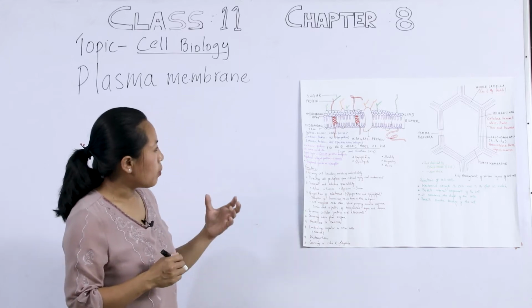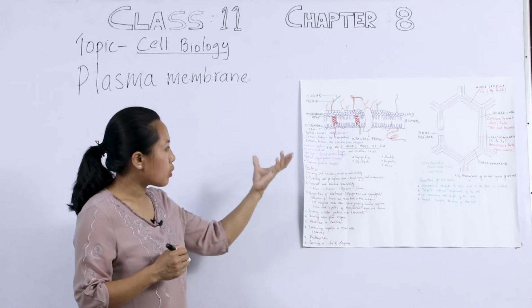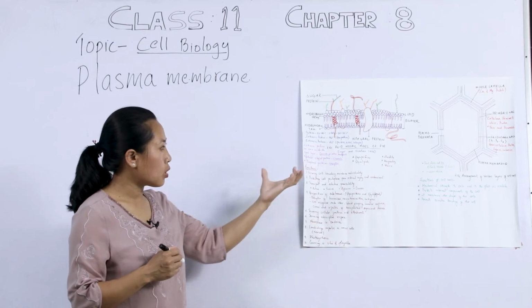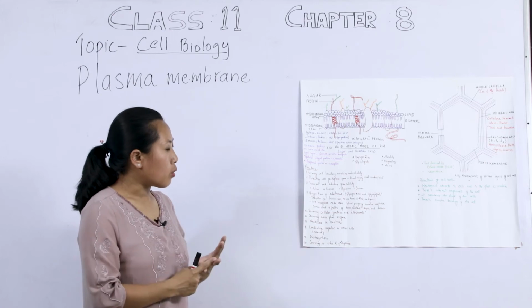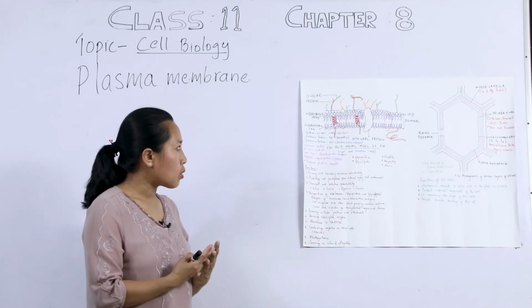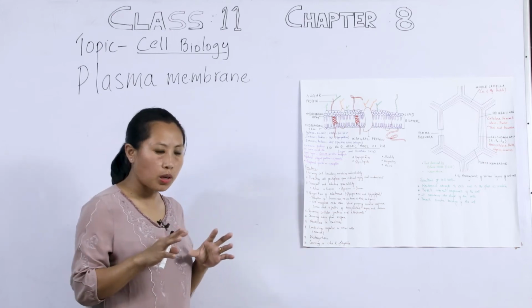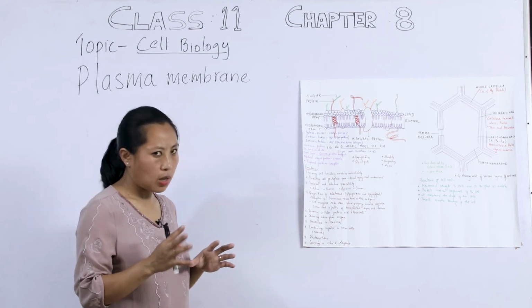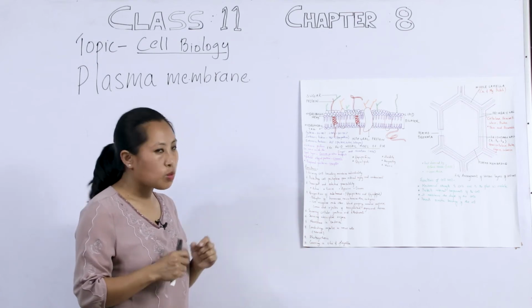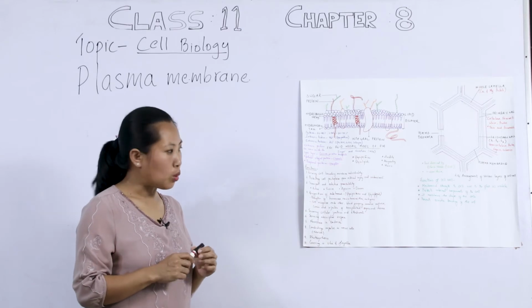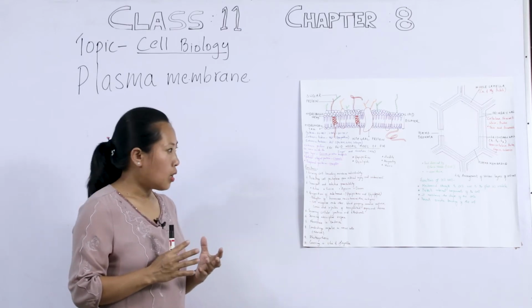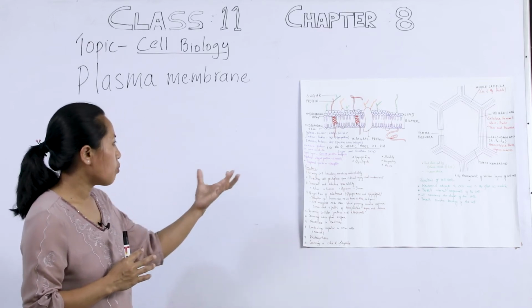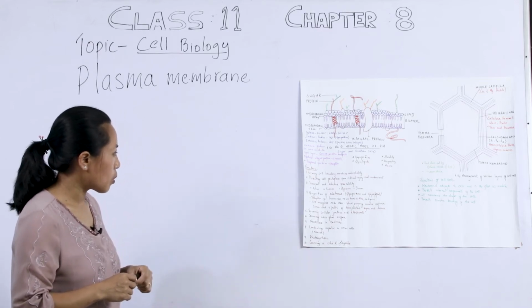One of the important features of this mosaic model of Singer and Nicholson is the fluidity of the lipid molecules, and the asymmetry, because they are not arranged uniformly but in a mosaic pattern. So three important features, fluidity, asymmetry, and mosaic character, are the important features of this fluid mosaic model.